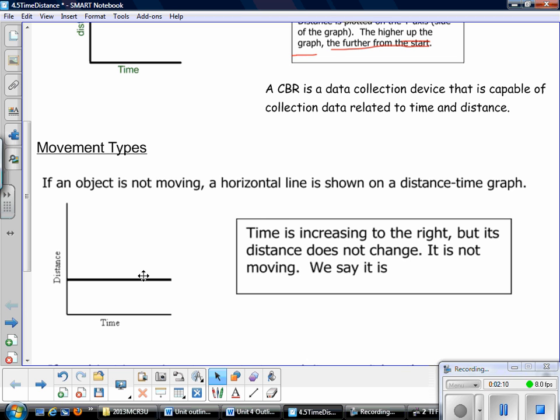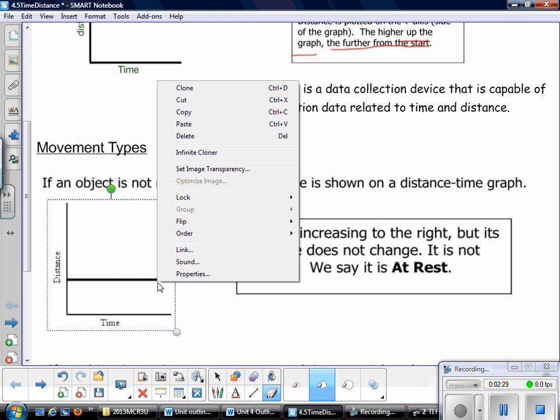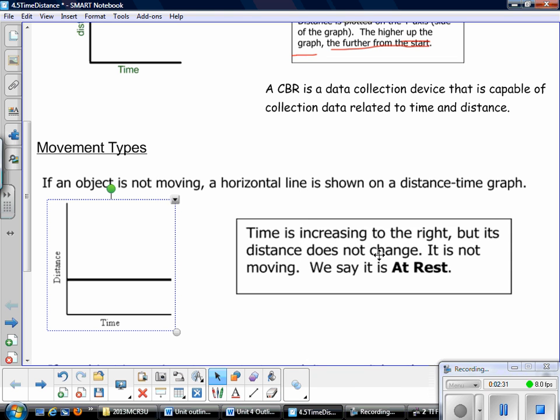So time keeps on going, but this person hasn't moved in distance. We say that it is at rest, and if we calculated the speed, because speed is distance divided by time, it would be 0, because the slope of that line is 0. So if we're not moving, the graph is a horizontal line.